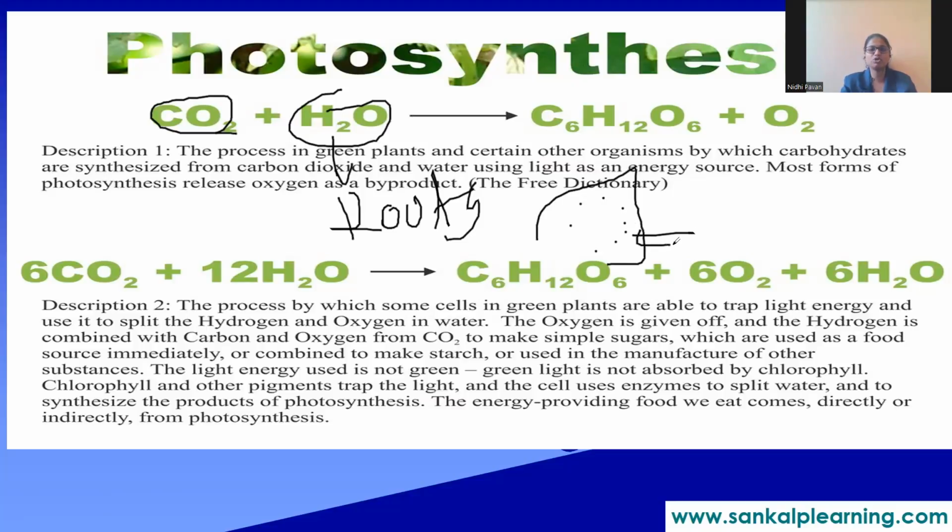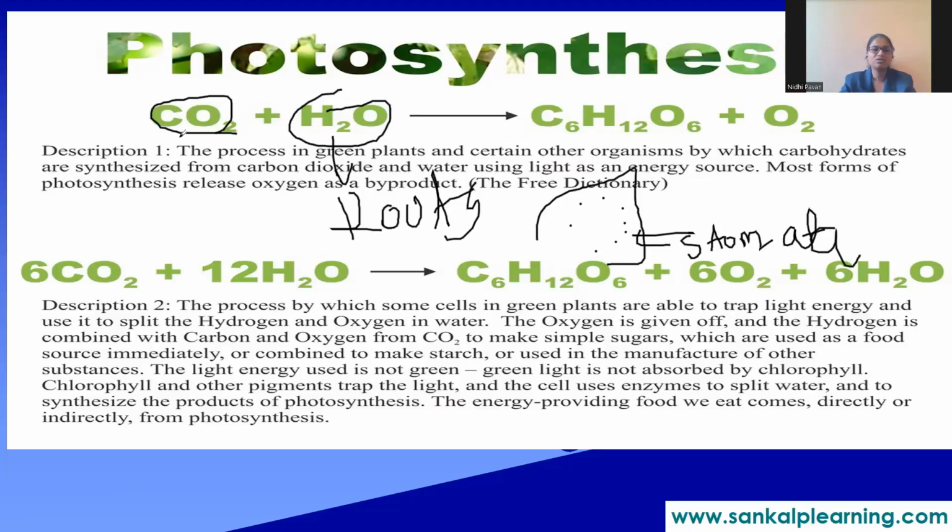These pores are called stomata. The stomata help in the exchange of gases in the plant, taking in oxygen, releasing carbon dioxide, and likewise releasing oxygen, taking in carbon dioxide.